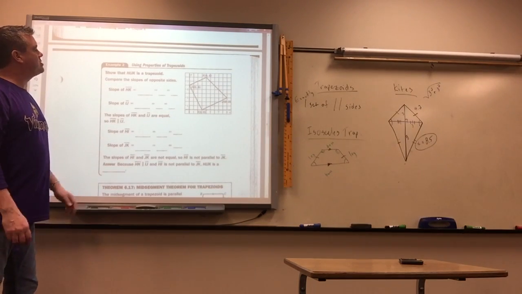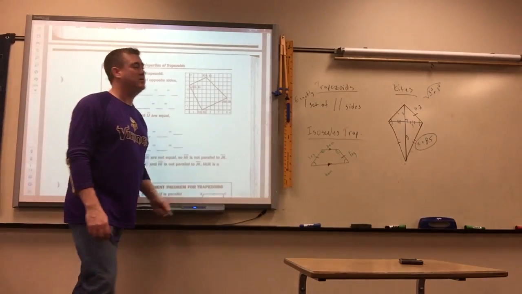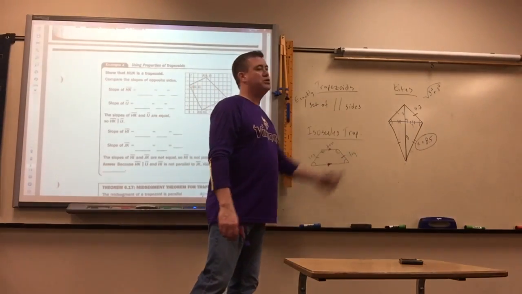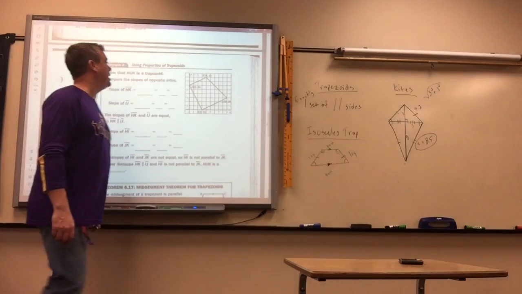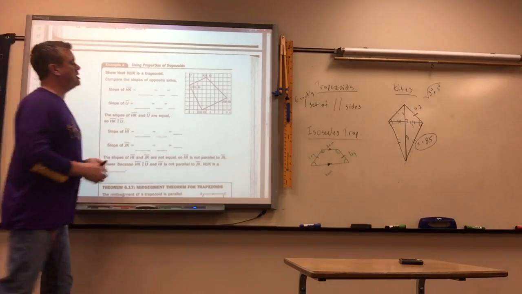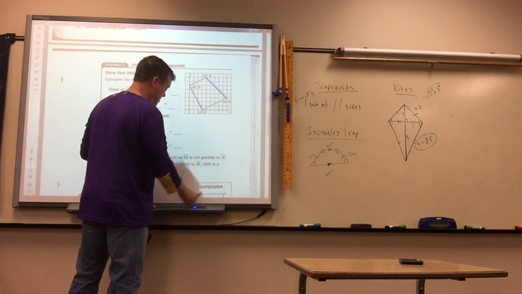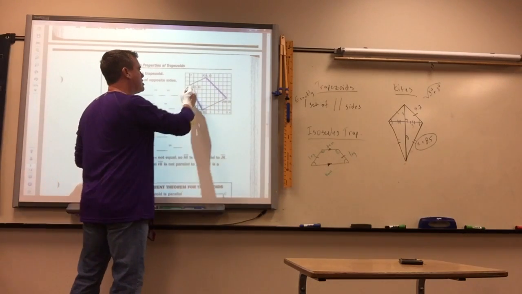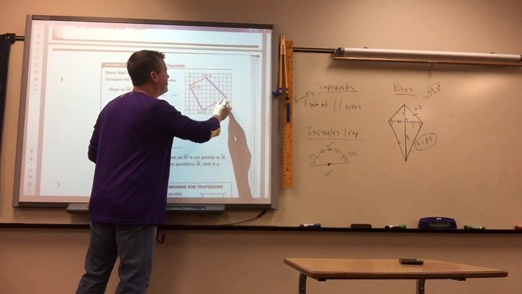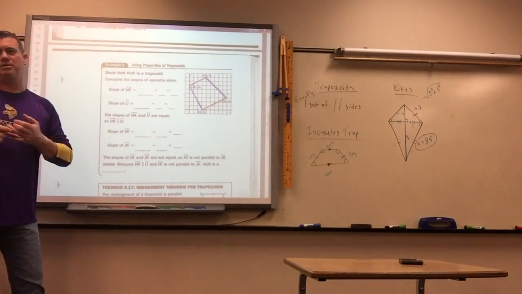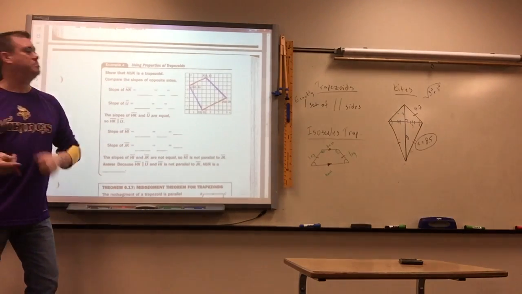To show that something is a trapezoid, all you gotta do is show that there's one set of parallel lines. So in this picture, you can tell this line is not parallel to that. So you just gotta check, is this parallel to that? In order to check if lines are parallel, you gotta find their slopes.